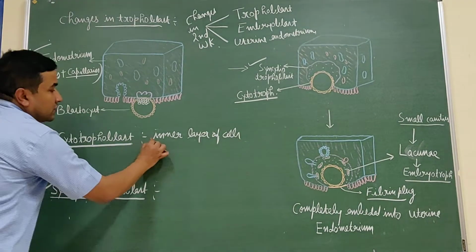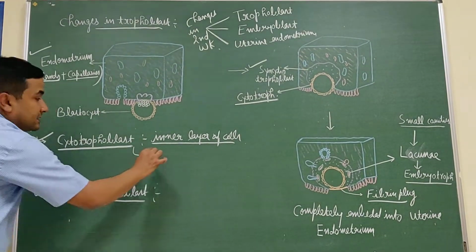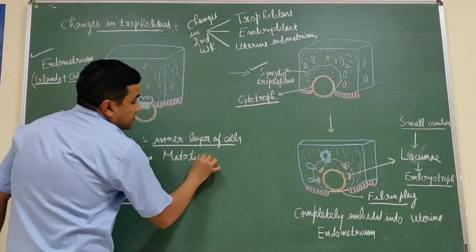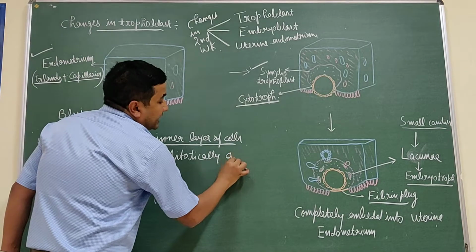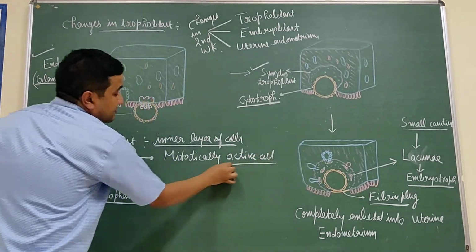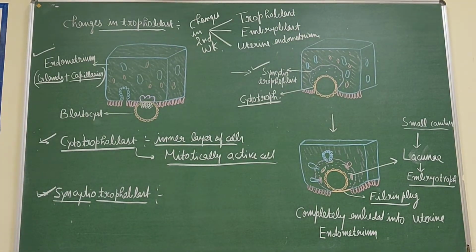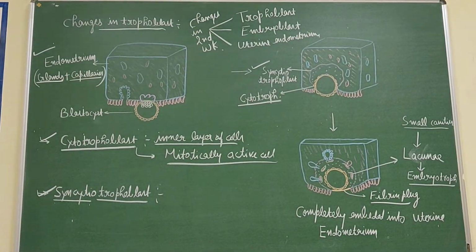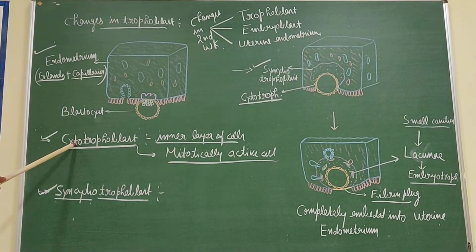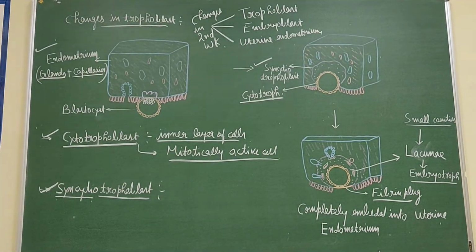And this cytotrophoblast has mitotically active cells. Mitotically active means they divide continuously. These cells have the capacity to divide. So they are the mitotically active cells.